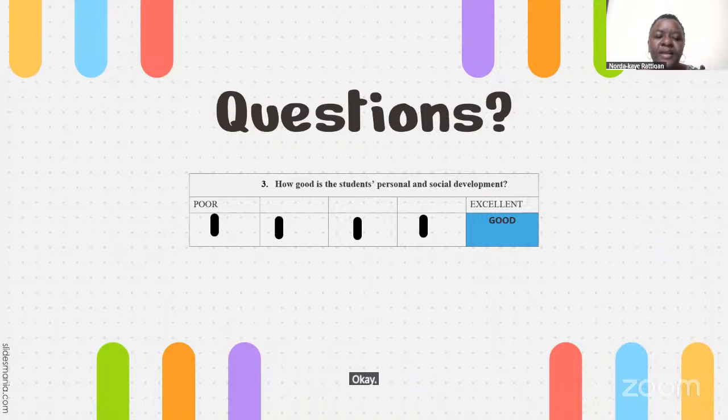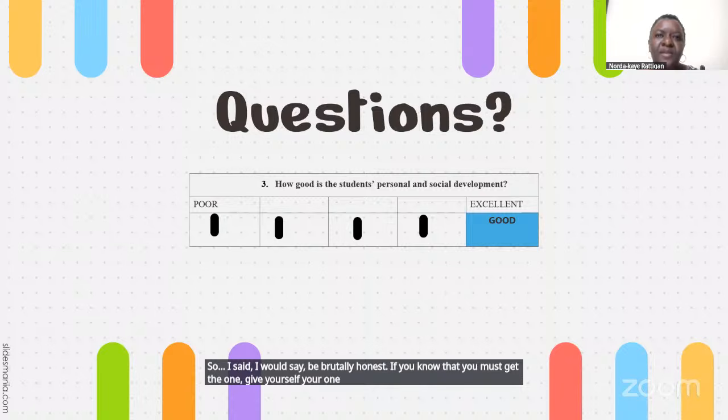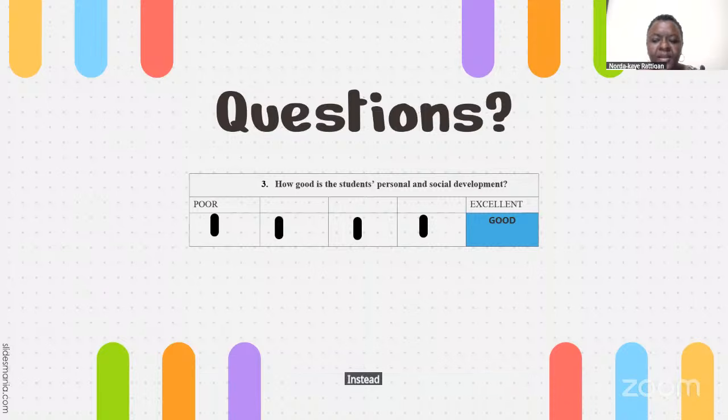If you know that you must get the one, give yourself the one, because at the end of the day, you will know that you have all these things to fix. Don't give yourself three when you lack these major points and problems that you need to fix in your school, and paint a picture that everything is well.